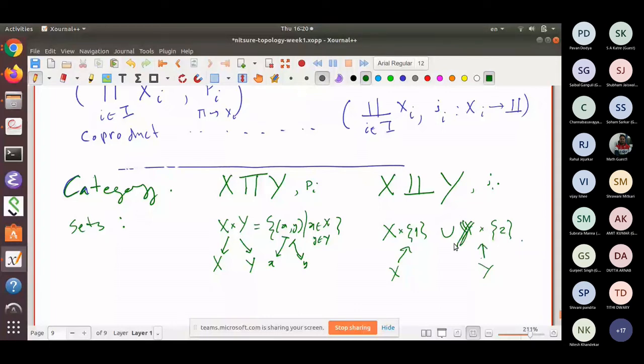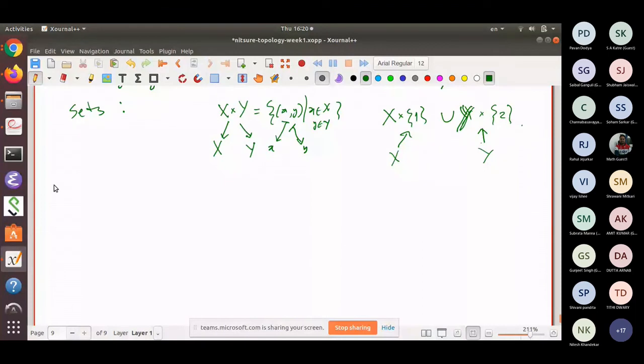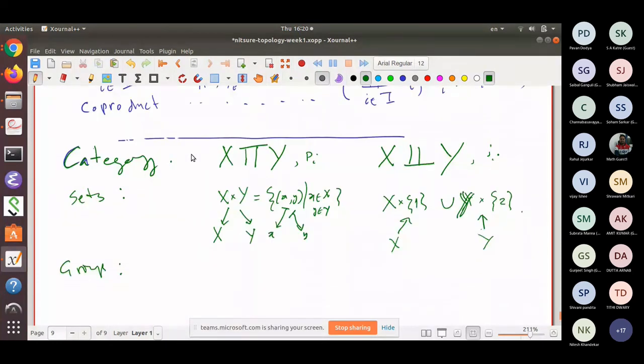Now comes the fun. So now I have groups. I have two groups G and H. Can you tell me what is the binary product of two groups? The product group, the direct product of groups. It's called the direct product.